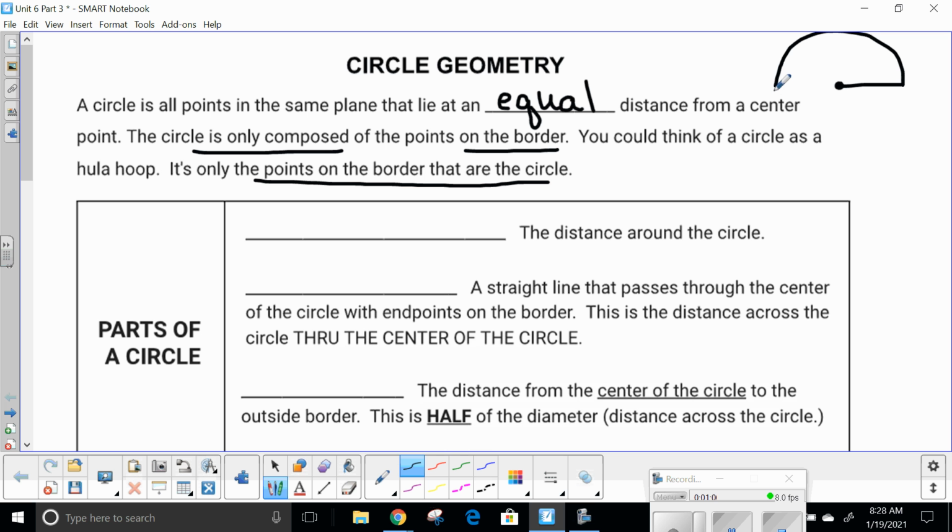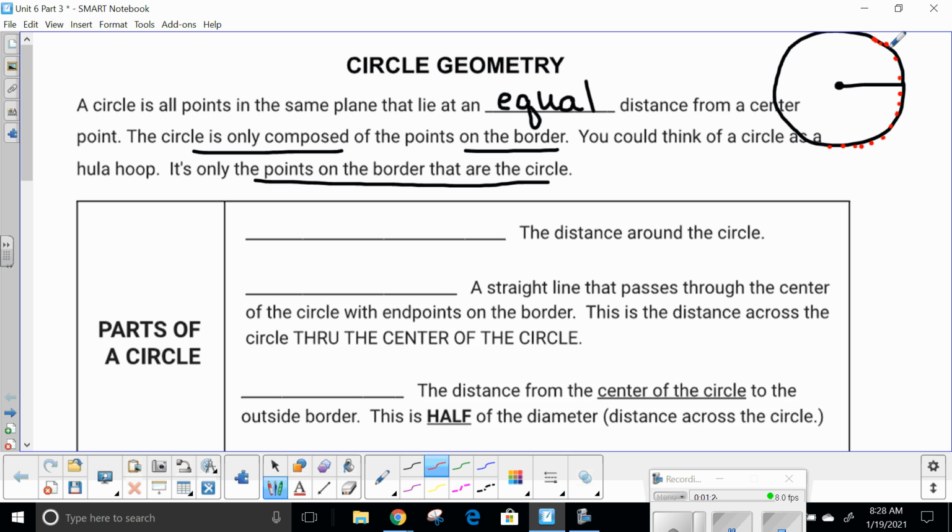And I traced around that center point until I came all the way back around. And that is what the definition of a circle is. A circle is all of these points that lie on this border.